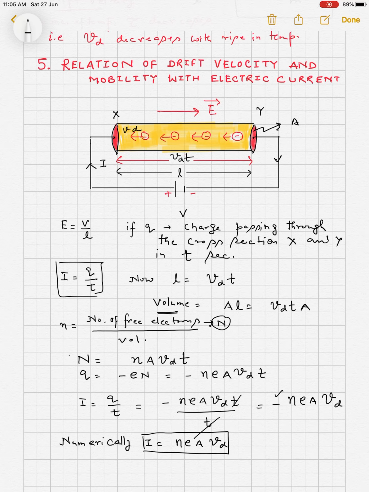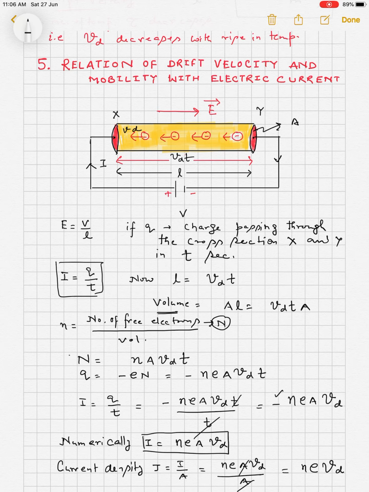Now the current density J. Current density J equal to I upon A. So I is n e A vd divided by A, A is cancelled out. So it is n e vd.